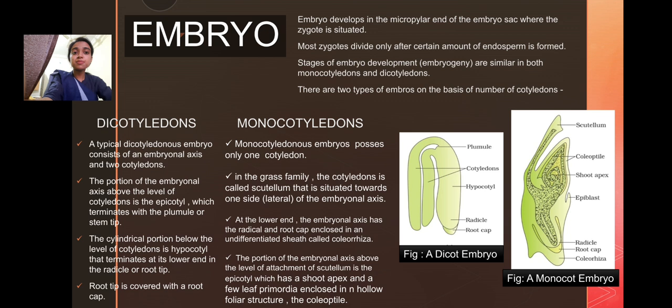The portion of the embryonal axis above the level of attachment of the scutellum is the epicotyl, which has a shoot apex and a few leaf primordia enclosed in a hollow foliar structure, the coleoptile. This is also provided in the figure, a typical monocot embryo.